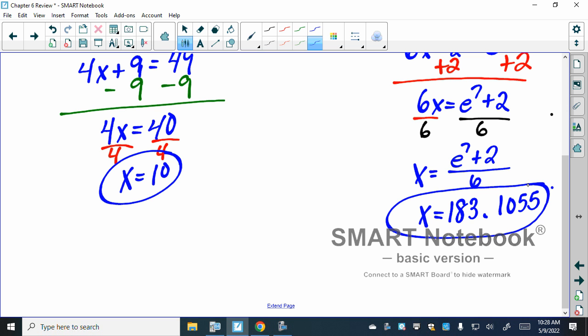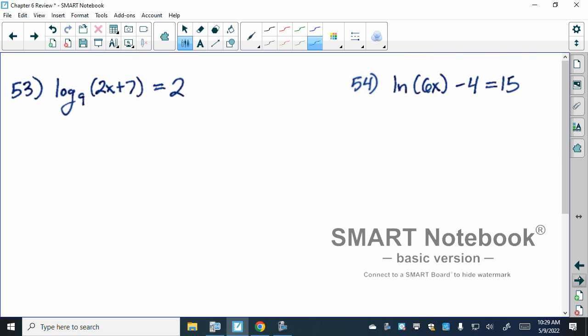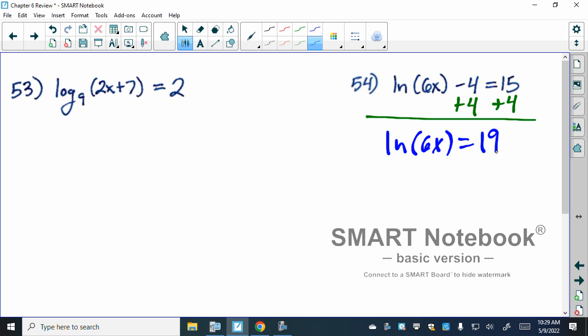Any other questions on this one here? Any questions on 53 or 54? 54, since the ln is not by itself, the first thing we'll do is add 4 to both sides, telling us the natural log of 6x is equal to 19.